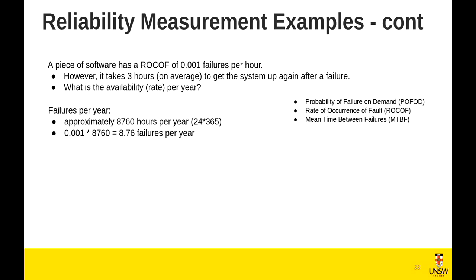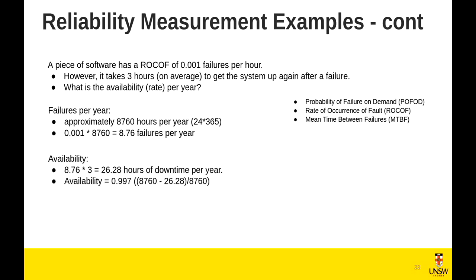So we will expect to have 8.76 failures per year. And then for the availability, we need to calculate the downtime. The downtime is, because we need 3 hours per failure, we just use 8.76 times 3, and we get 26.27 hours of downtime. And then we can calculate and get the availability of 0.997 for this question here.